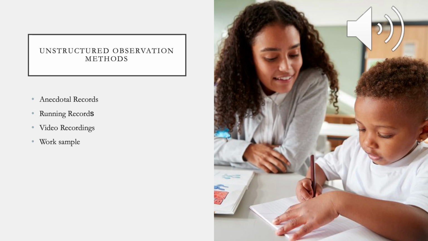So we can use work samples to tell a story and get an insight into a child's thinking and creativity, as well as their ability to plan, and it gives us insight into other skills such as fine motor development or persistence. And then just like other forms of unstructured observation methods, we could use work samples to share with families what's going on and show the creative mind and the learning process of their child.